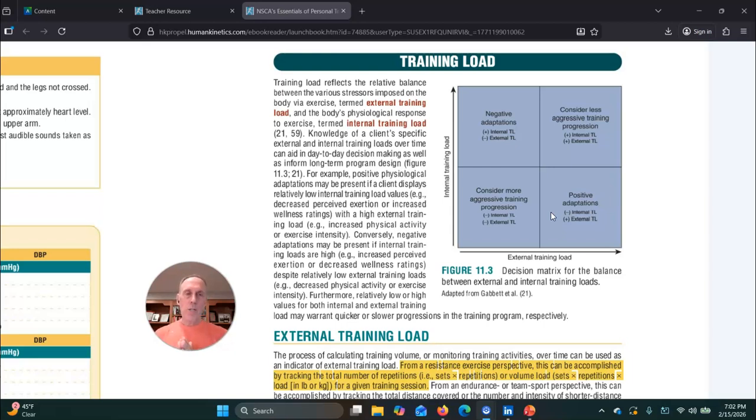I think they could have done a better job describing how you have negative adaptations and positive adaptations, but you could have the conversation regarding how, as a trainer, it's part of our responsibility to show people what they can do. Because oftentimes people come in and they just don't know their capabilities.